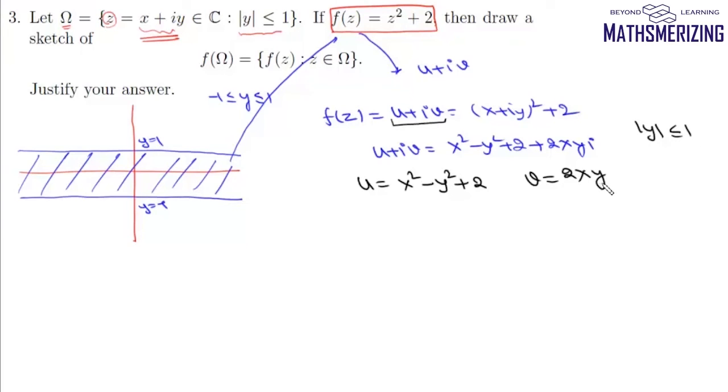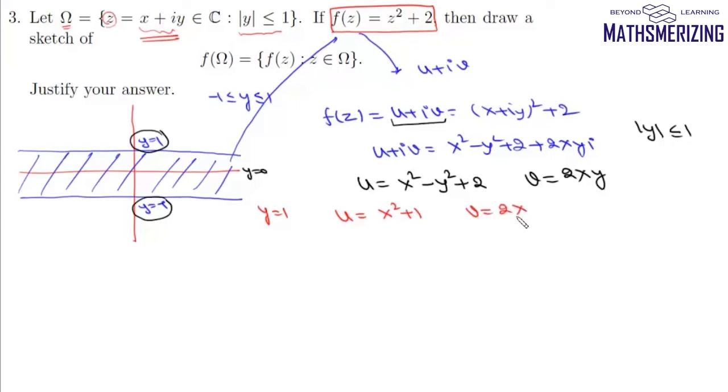Now what we'll do is begin with the boundary cases, which are when the value of y is 1, when the value of y is -1, and also when the value of y is 0. So when the value of y is 1, in that case u will be x square plus 1 and v will be 2x.